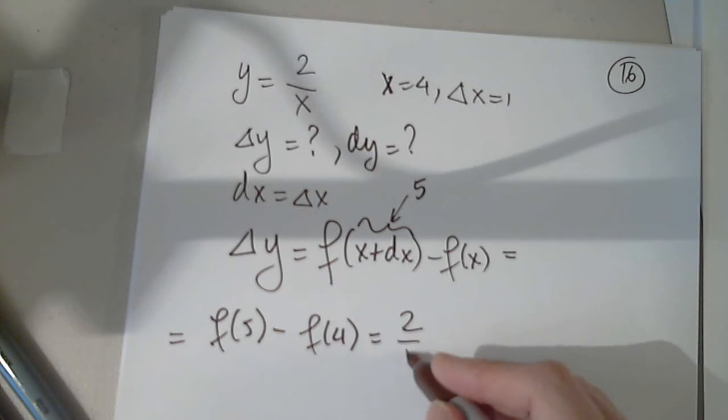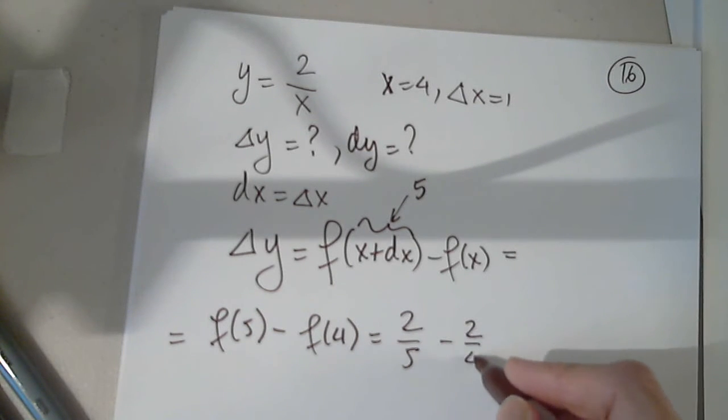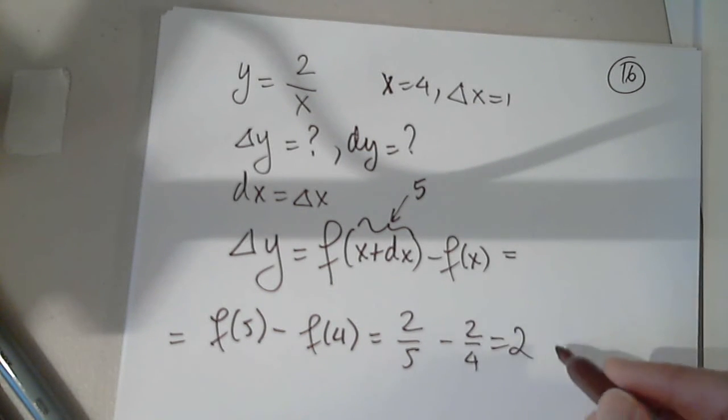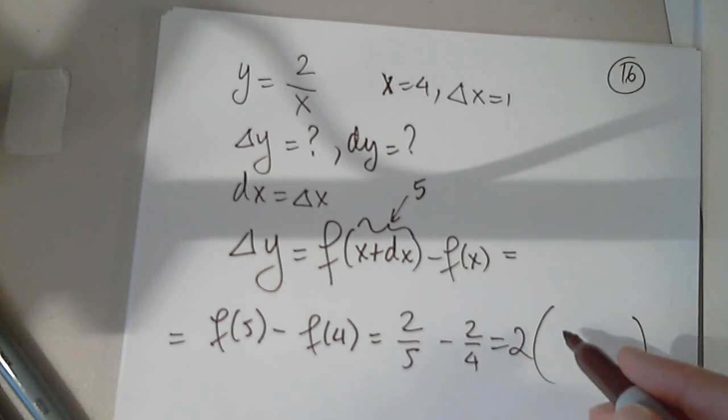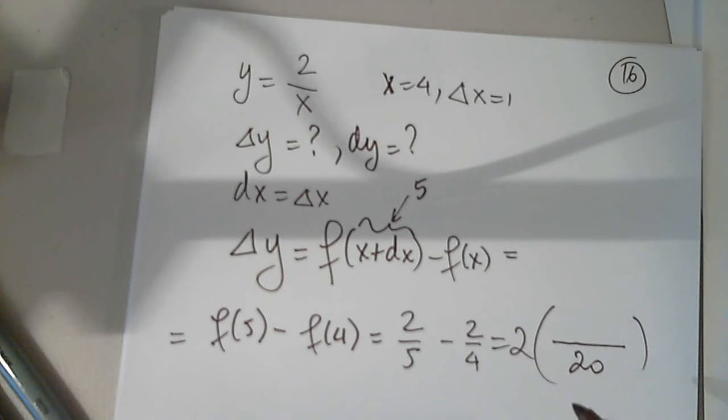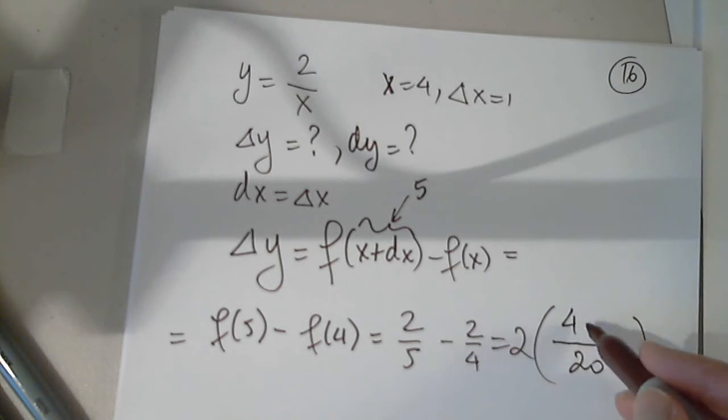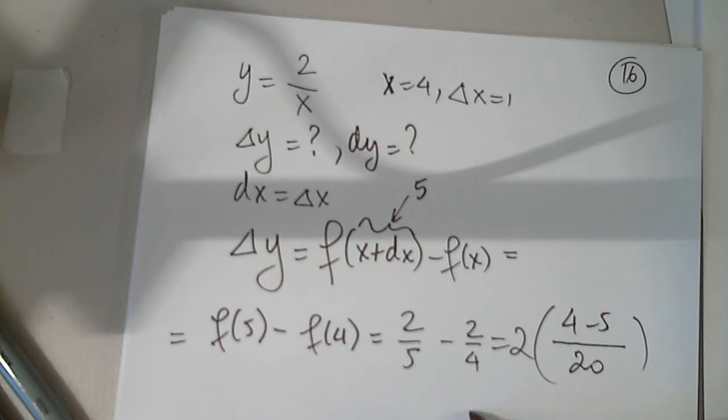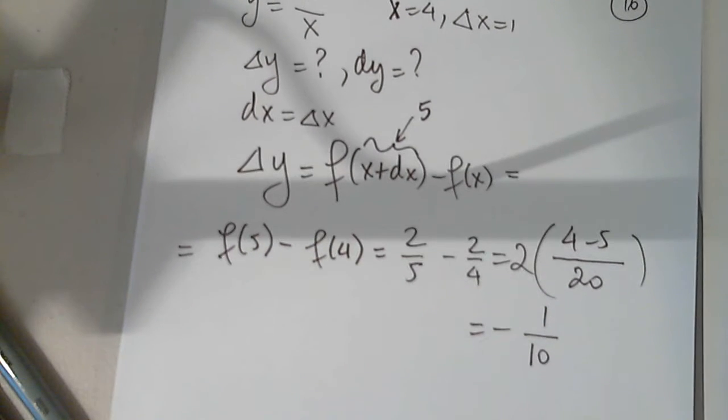It's 2 over 5 minus 2 over 4. Of course, I will factor out the 2. And I have the least common denominator will be 20. So 4 minus 5. So I will simplify. So the numerator is negative 1 and the denominator is 10. Or negative 0.1.